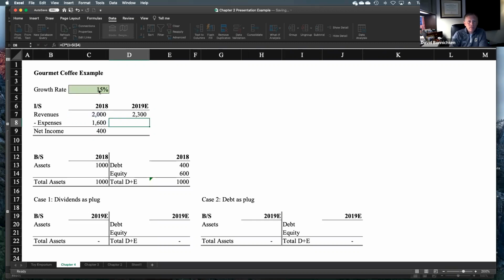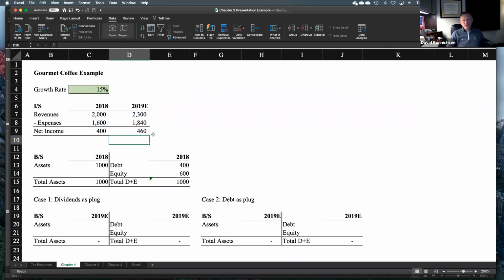The same thing applies with our costs. Costs are going to go up at the same rate that our sales go up, so equals sales times 1 plus our growth rate. Then we can do our net income of revenues minus expenses.